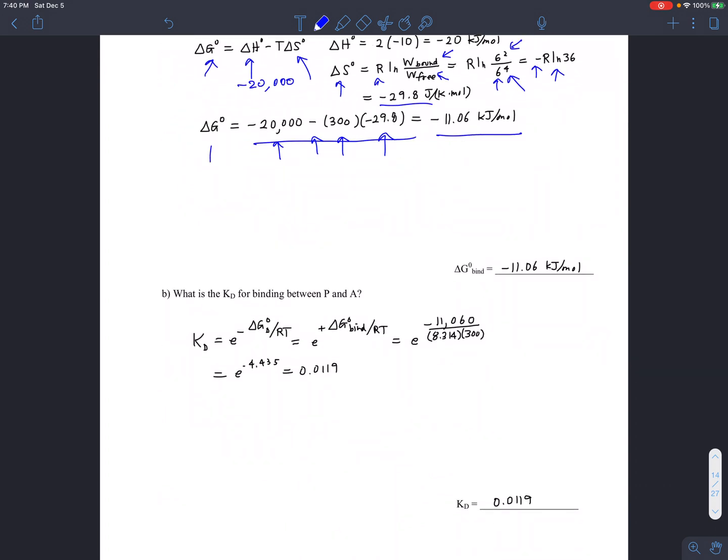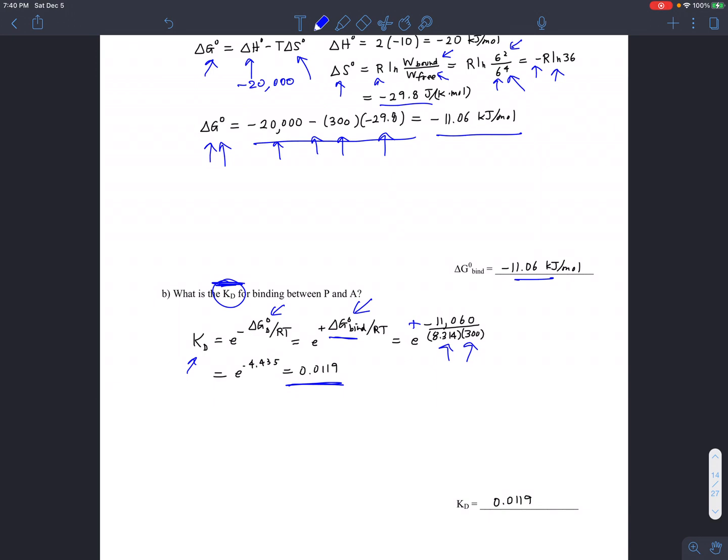And then it asks, so that's the delta G, what's the KD for binding between P and A. KD is a dissociation constant, of course, so the K is e to the minus delta G of dissociation, but what we calculated above was delta G of binding, which is minus the delta G of dissociation, so it's e to the plus delta G of binding, and that's e to the plus minus 11.06 over 8.34 times 300, and that gives about 0.0119.